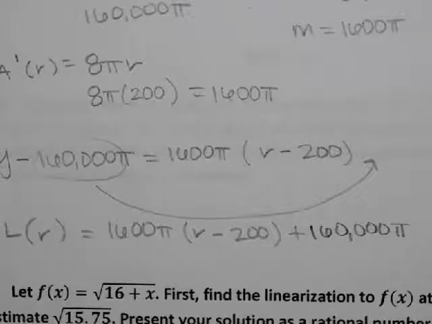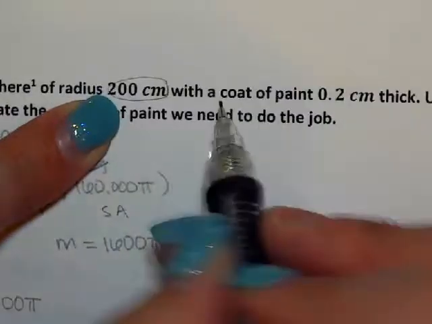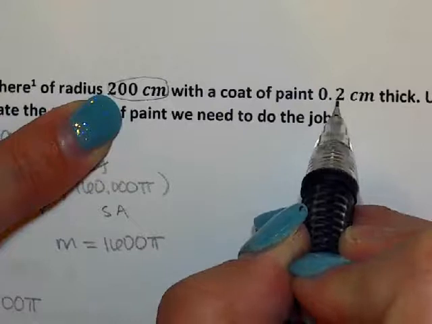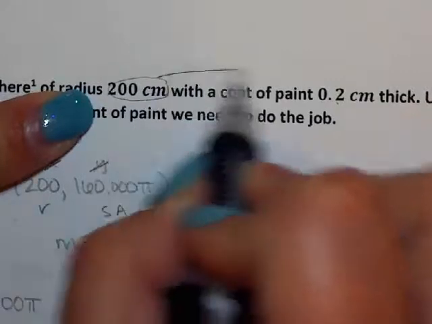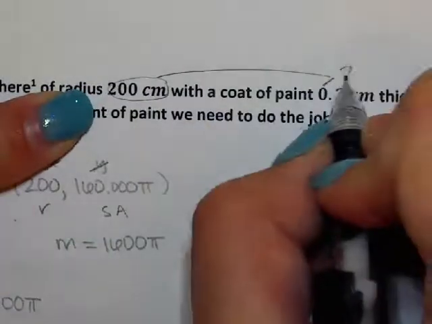Does that make sense? It is 200 to start with. We are taking that 200 and adding 0.2 to it. It already has a radius; its radius is not 0. Its radius is 200, and we're making it a little bit more.